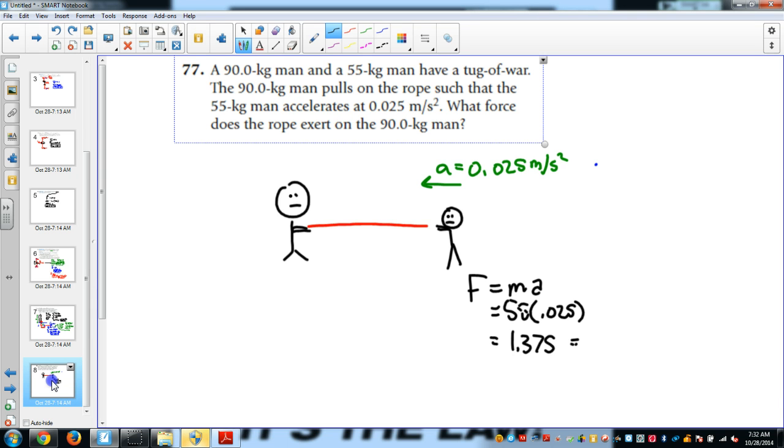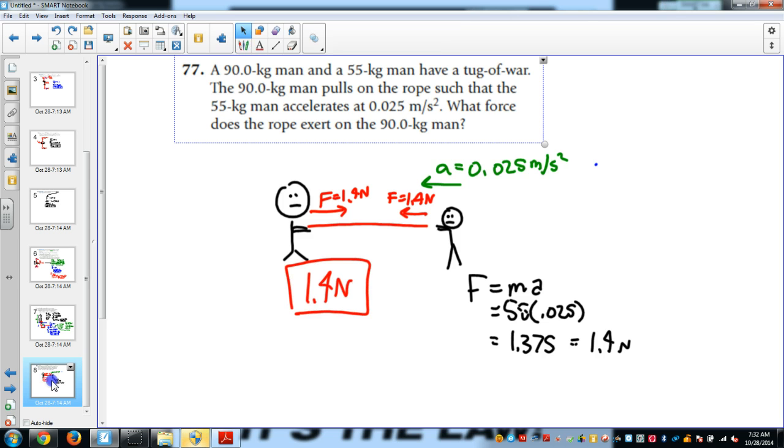With sig figs, I can only have 1.4 newtons. So that's the force here that's pulling him. What force does the rope exert? The exact same force.